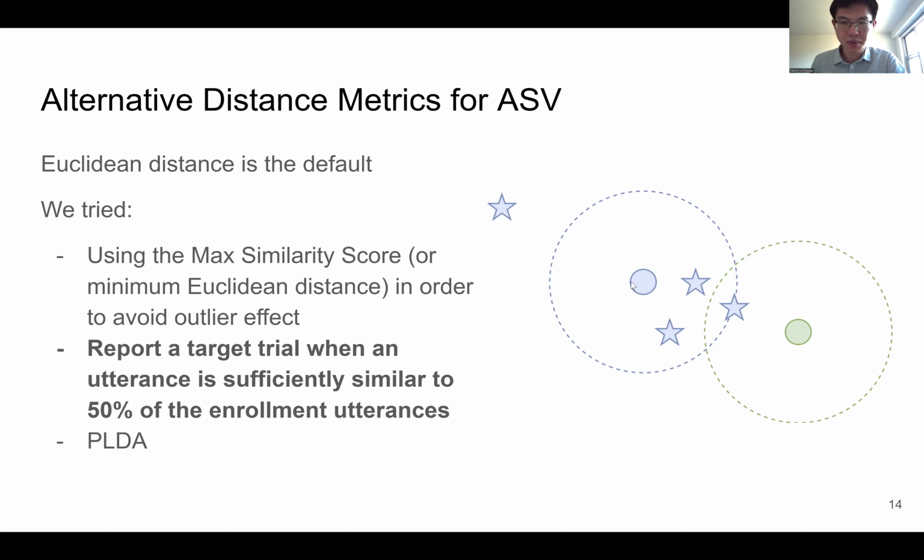We see that the blue data point here, the blue dot, was accepted due to having 50% of the enrollment utterances within the threshold. So there are 4 enrollment utterances represented by the blue stars, and 2 of them are within the blue dashed circle. So the blue data point gets accepted, whereas in the case of the green data point, it only has a single enrollment utterance, which is only 25% of the enrollment set, and therefore the green dot gets rejected. So this is another way that we came up with to reduce the outlier effect.